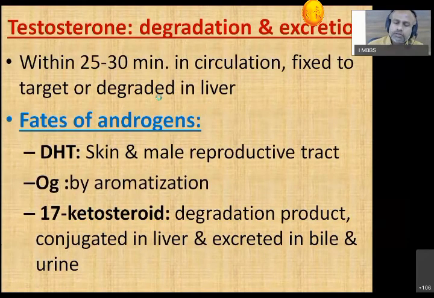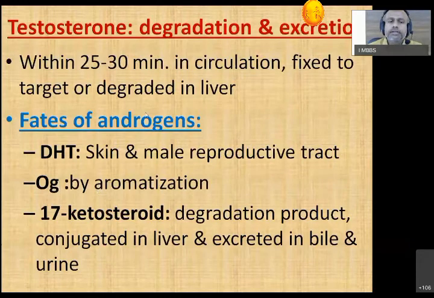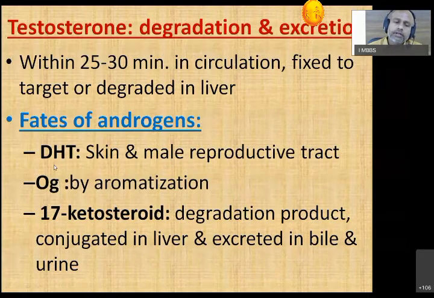Testosterone degradation and excretion. Once it appears in the circulation, it gets fixed to the target organ or gets degraded in the liver. Part of testosterone may get converted into dihydrotestosterone in the skin of the male or the male reproductive tract, penis, or the target organs, the external genital organs which have to develop.